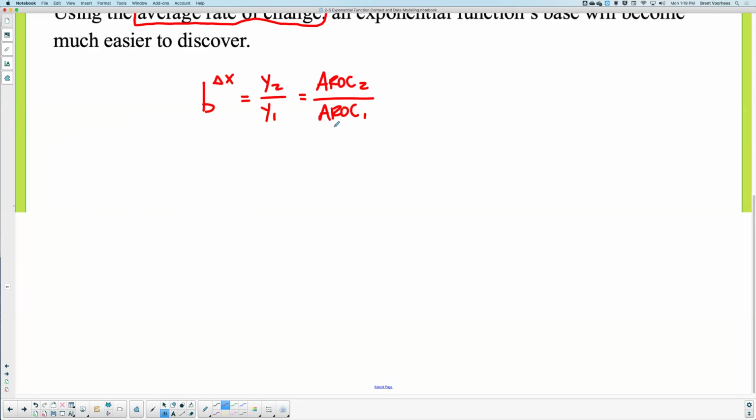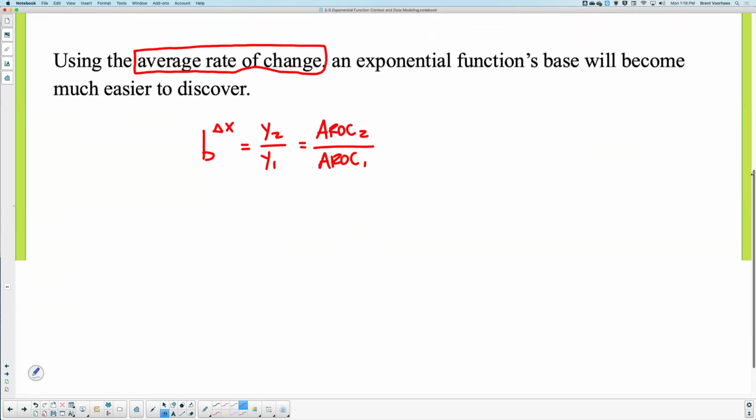That y2 over y1, this is a formula, so they should be good all the time. But this is less helpful when you have a calculator. It's good when you're not allowed to use a calculator. So I'm going to say good without a calculator.